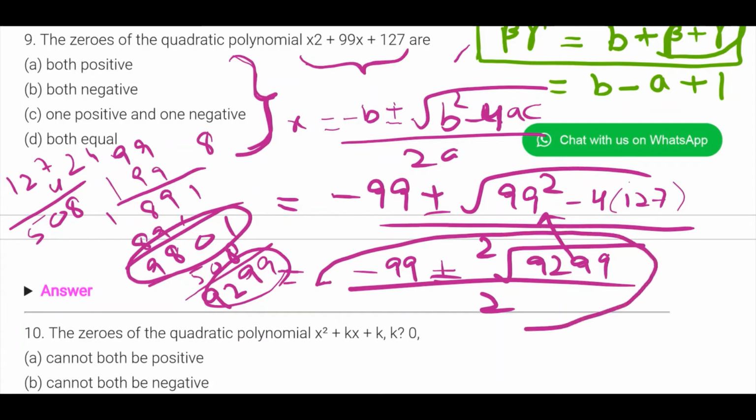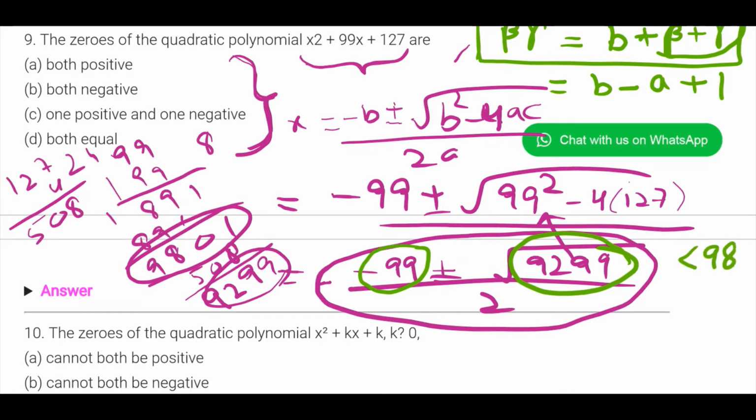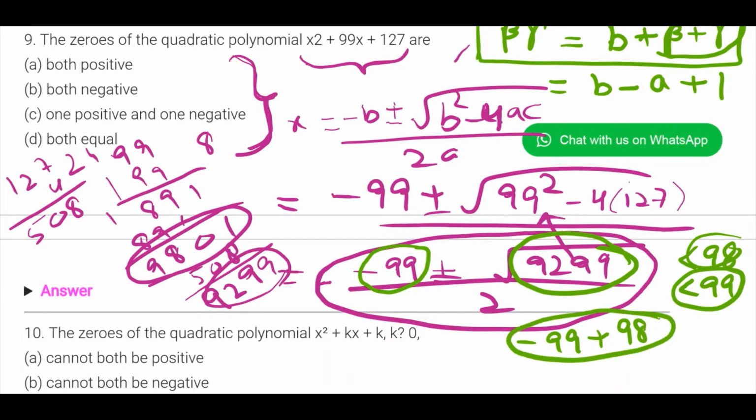These two roots are always negative. If you observe closely, this is minus 99, and the square root is less than 99. Even if it is 98, let's say, minus 99 plus 98 gives a negative value, and the other root is already negative. So both are negative. Option B is the correct answer.